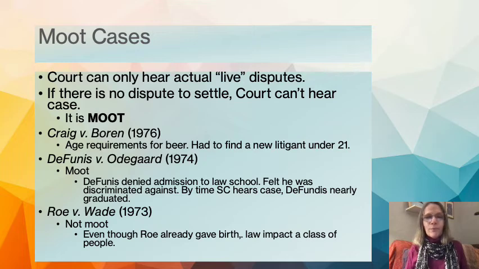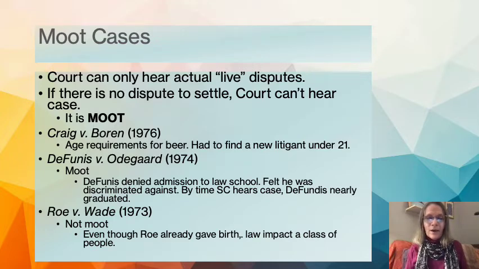So in Craig v. Boren, for those of you who remember, and for those of you who don't, I'll just tell you a little bit about it. This was a case about equal protection under the law and whether it's okay to treat men and women differently in the law. And this was a case about age requirements for drinking beer. This was back in the 1970s, where there was this thing called near beer, like low alcohol 3.2 beer.